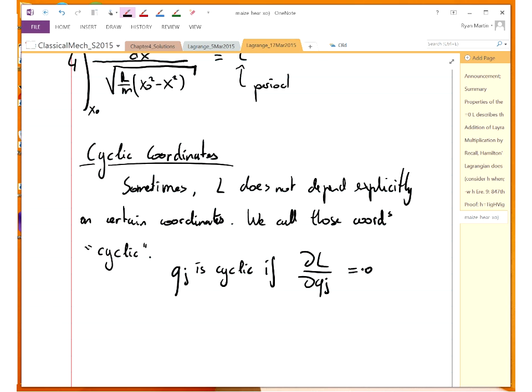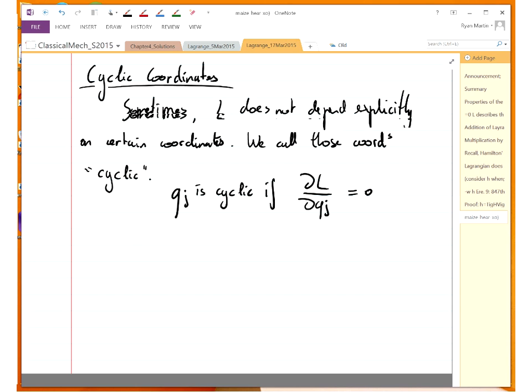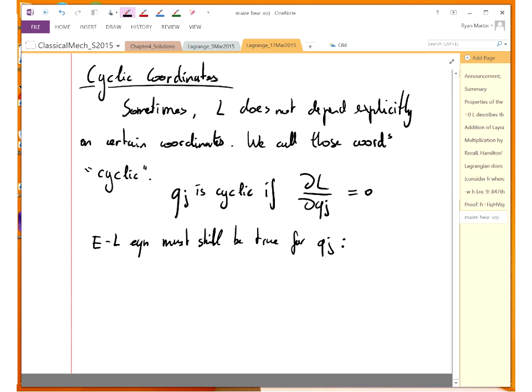And if it doesn't, we say that that is a cyclic coordinate. Well, the Euler-Lagrange equation must still be true for Qj.